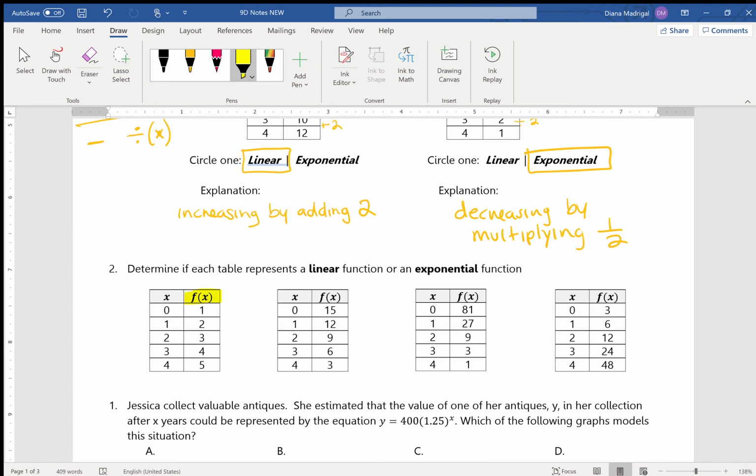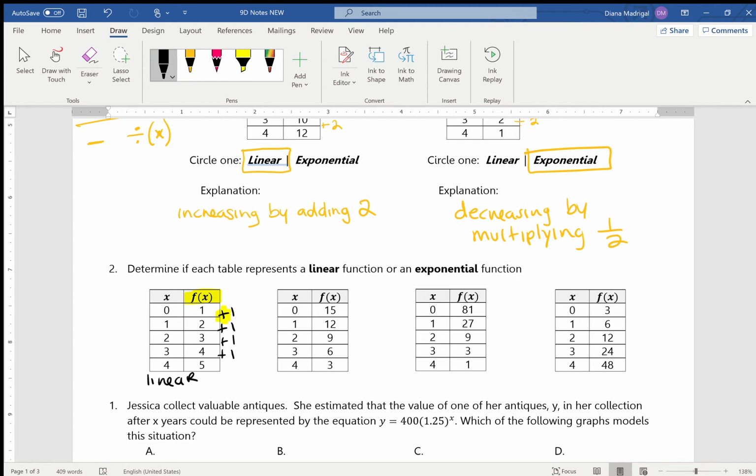All right, good. You should have noticed that it's adding by 1, and it's true throughout the whole table. So this one is linear. It's increasing by adding 1. All right, try the next one. You go from 15, 12, 9, 6, and 3. The numbers are decreasing.